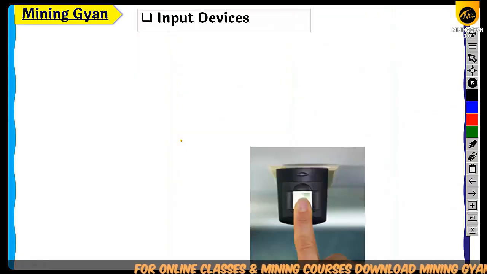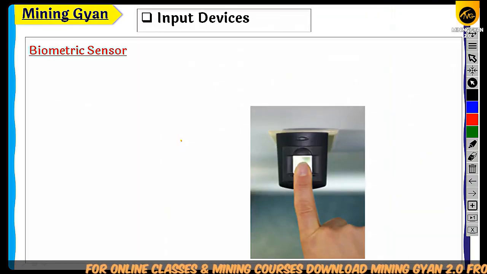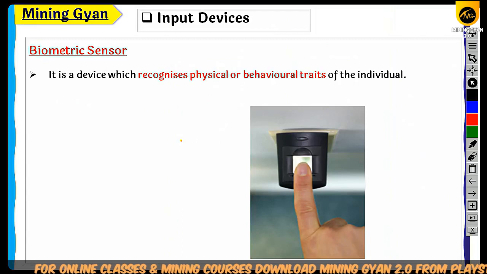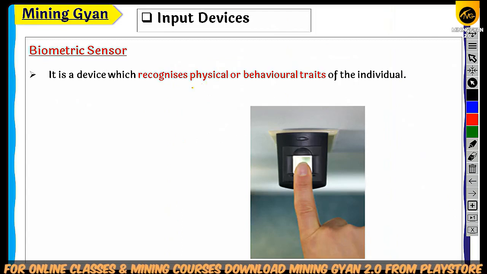The next one is the biometric sensor. It is a device which recognizes physical or behavioral traits of individuals.